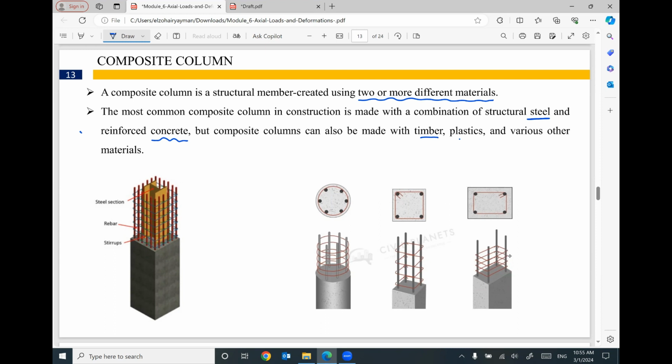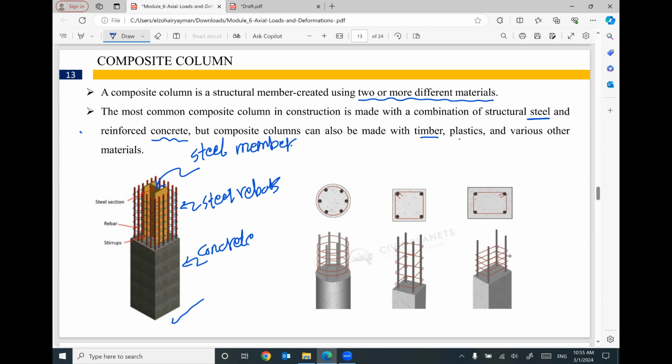But the common composite columns in our buildings, in our construction, are made from two main materials, concrete and steel. So if you look at this one, we have concrete and we have steel rebars, and sometimes we have a steel member.